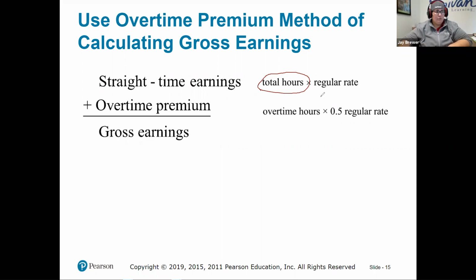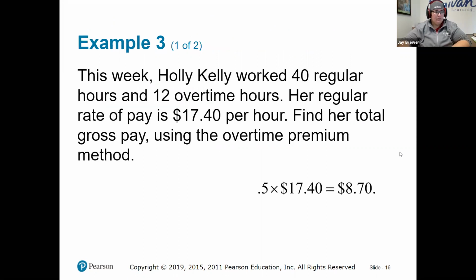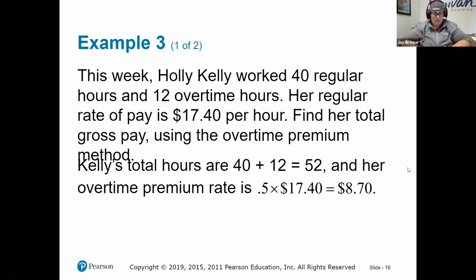So if we take 40 times 17.40, and then take 17.40 times 1.5, and then that answer times 12. If we do it the old way, they would be making $1,009.20.